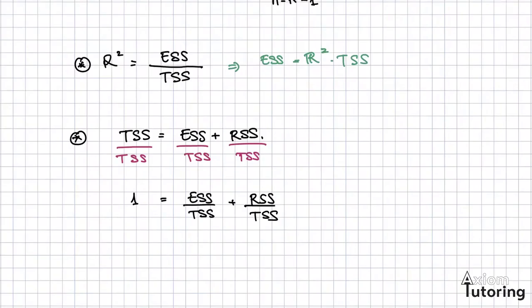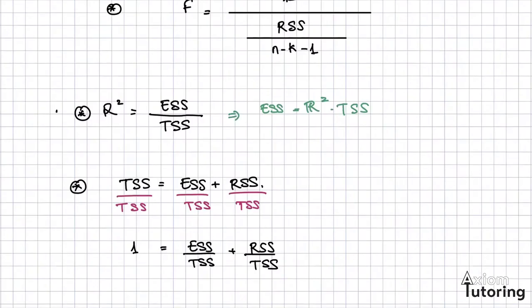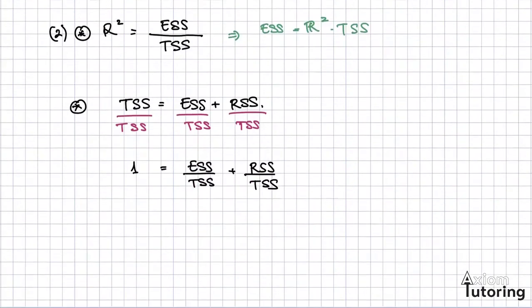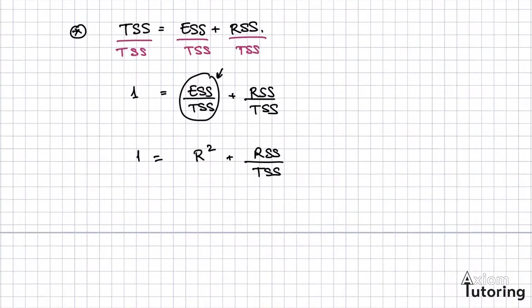From here, we can use this second identity that we had and substitute ESS divided by TSS with R squared, which means that now we have 1 being equal to R squared plus RSS divided by TSS. From here, we can rearrange it all over again and write this as RSS divided by TSS being equal to 1 minus R squared.